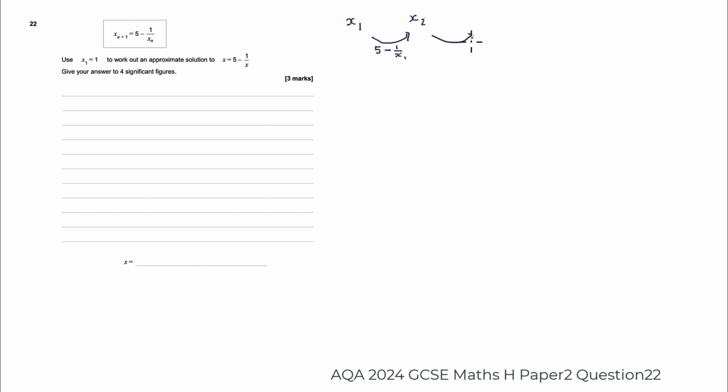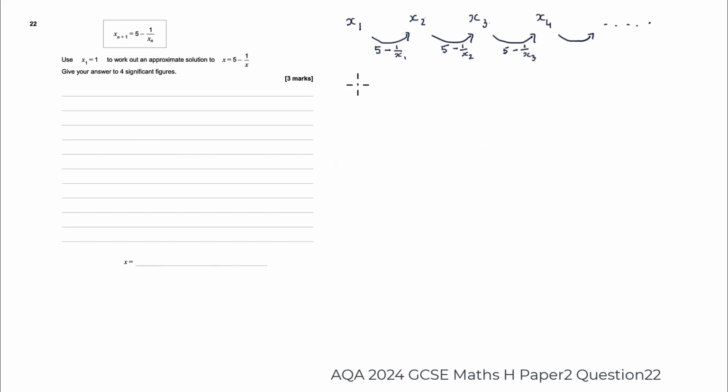And similarly, to get the next term of the sequence, x3, we put in here x2. 5 minus 1 over x2, n is 2, will give us x2 plus 1, x3. So again, it's the same calculation, but this time using x2 to get to x3. And this series of calculations will give us our iterations, which should, in theory, get closer and closer to the required value that we're after.